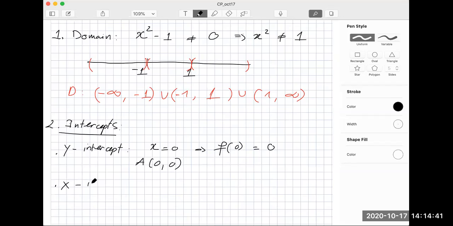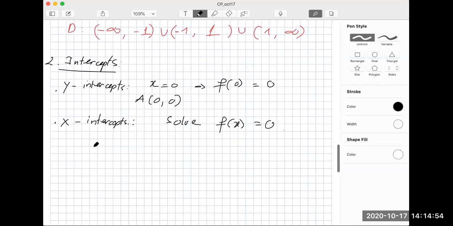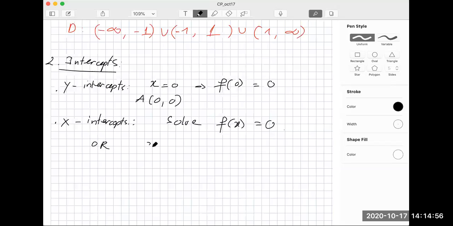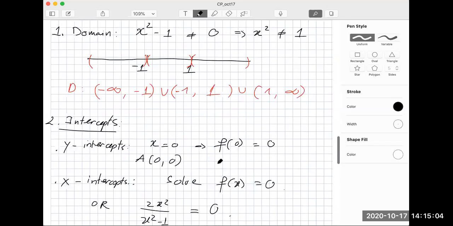The x-intercepts. In order to do that, we need to solve f of x is equal to 0, or 2x squared divided by x squared minus 1 is equal to 0, right? Yes.